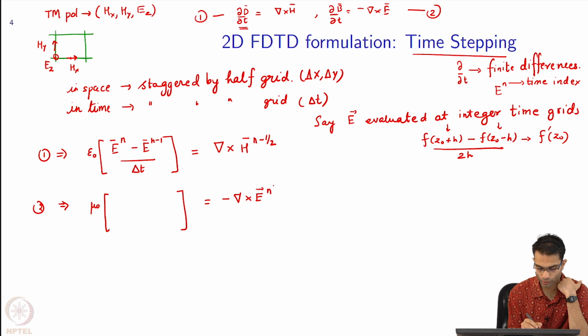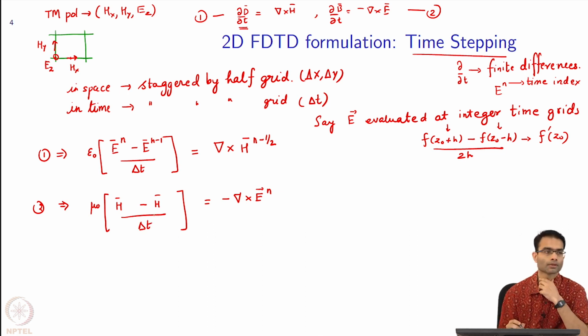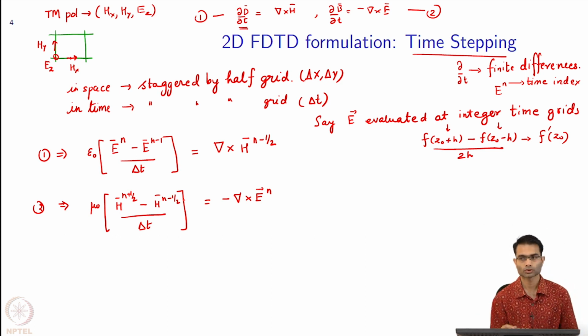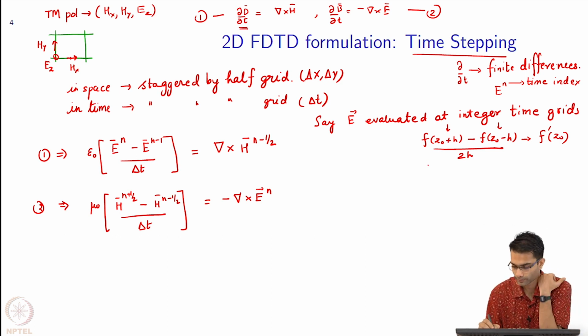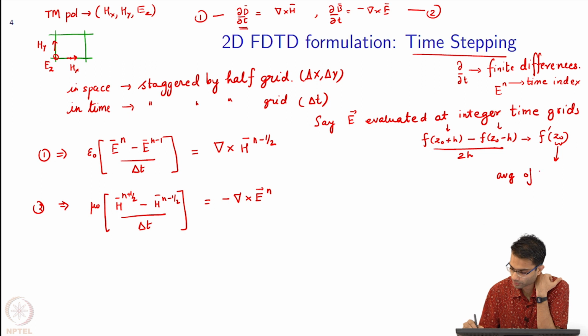So, now it follows, what should I write over here? So, H minus H divided by delta t. Okay. So, H^(n+half) minus H^(n-half), right. So, once again I am using the idea here, average of z naught plus h and z naught minus h.